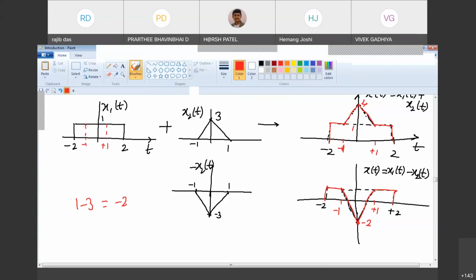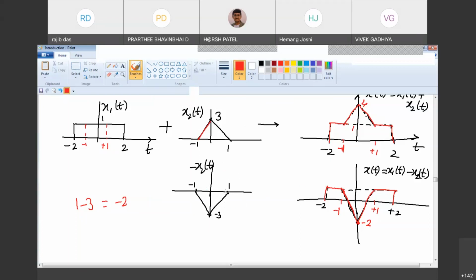From here it was flat, now it is reduced, because we subtract this positive increasing curve, so I get a downward curve going down to -2. The easy way is to flip x2(t) with respect to the x-axis, so positive becomes negative, then simply add it over the previous signal. That's all.